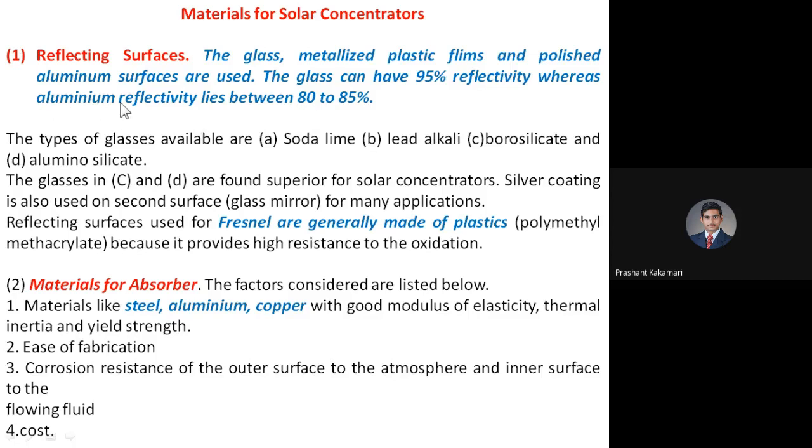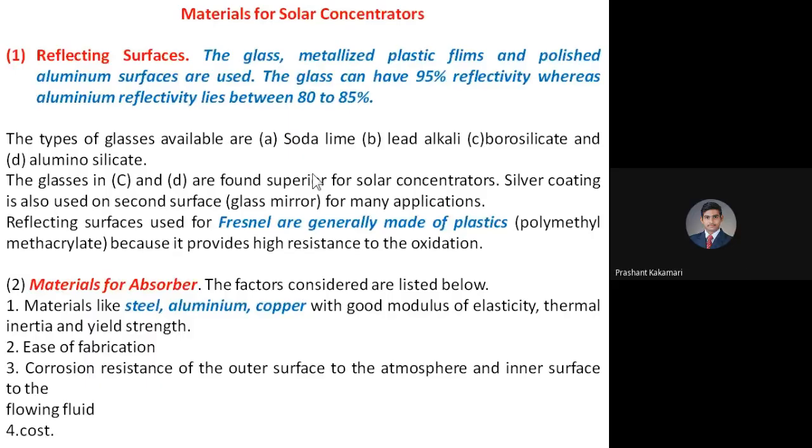Aluminum has a very good life and cleaning is also very simple compared to glass surfaces. So one can think of aluminum surfaces with some coating at the backside so that reflection can be improved. Backside coating is required for metals so that heat is not lost, and heat as well as reflection can be concentrated on the reflector as well as the absorber.